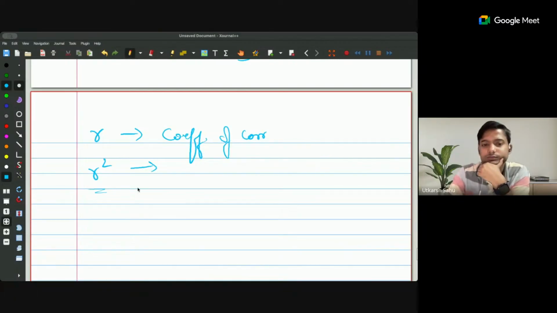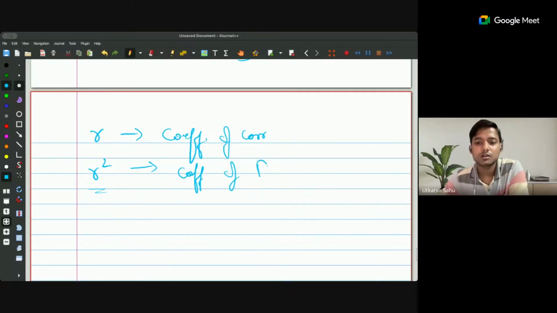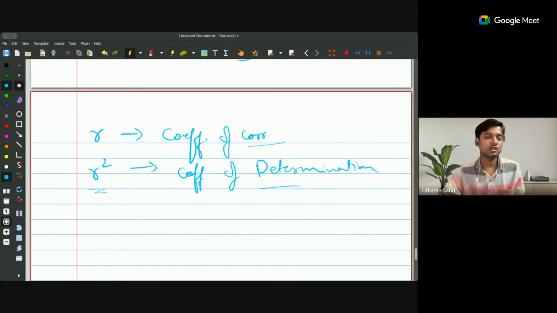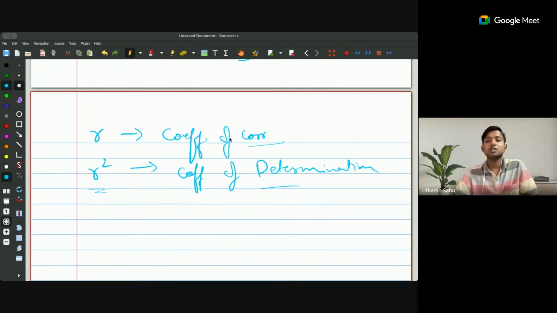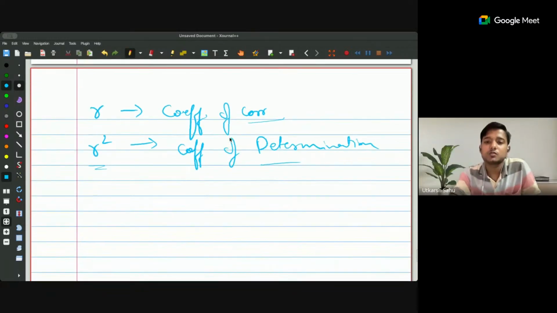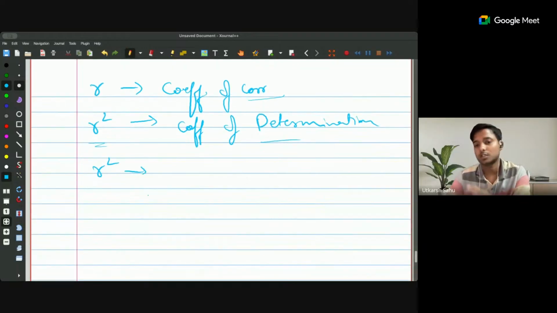This is called the coefficient of determination. Okay, so remember these things. This is called the correlation coefficient, this is called the coefficient of determination. They will ask you what is the coefficient of determination, what is the coefficient of correlation, or how do you interpret them, all that stuff. Also you should know some things related to r square.